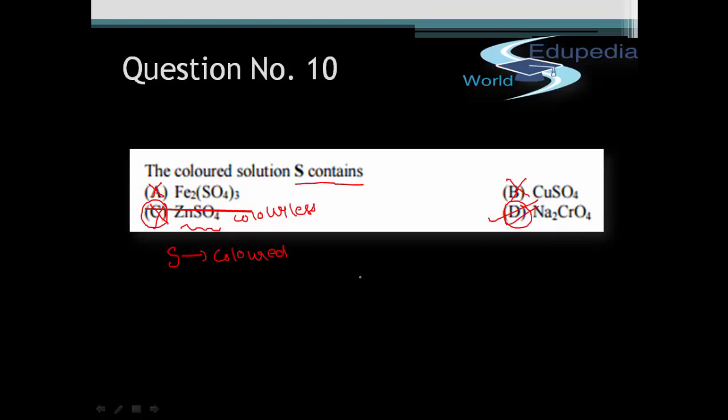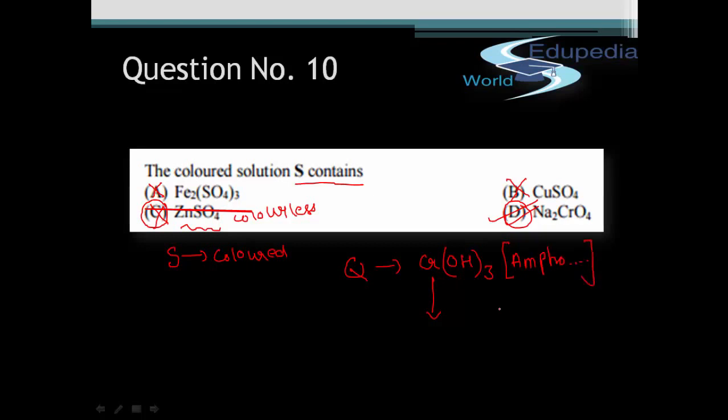The reaction which will take place over here is that your compound Q will be Cr(OH)3. You must remember that this is from group 3 and these are precipitated as hydroxides in ammoniacal H2S solution, and this Cr(OH)3 is also, it must be known that it is amphoteric in nature.